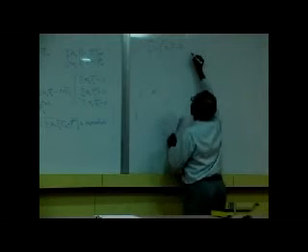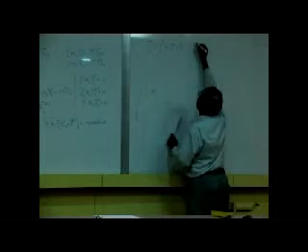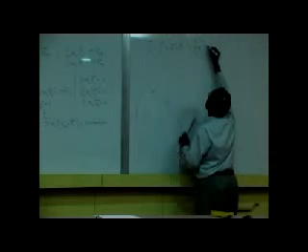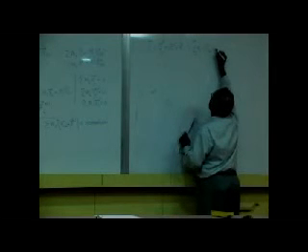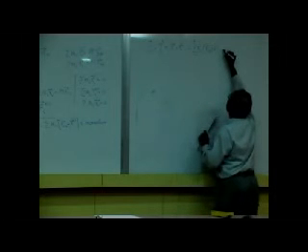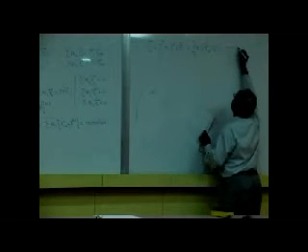Now I am going to rewrite this as summation i from 1 to n of m_i times (r center of mass plus r_i prime) cross (r center of mass dot plus r_i prime dot).